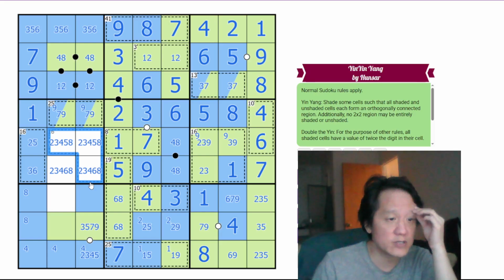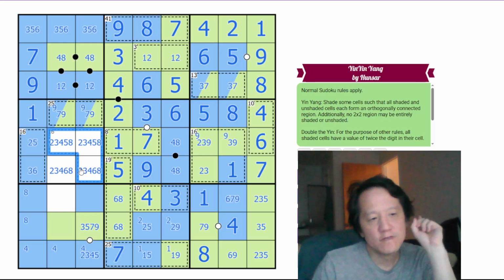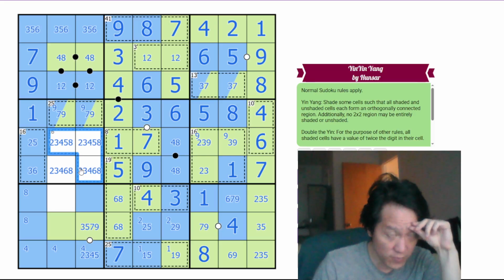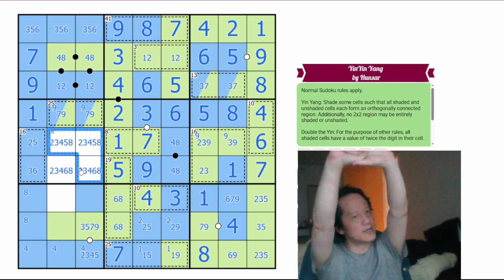Right, 5 can't be doubled because that would be with 3 and 4 at minimum. That's 7 plus 10, that's 17. 4 can be doubled. 4 doubled with 2 and 6 works, or 3 and 5. Ugh, that's not good. So 4 could be doubled, or you could have 3 non-doubled.